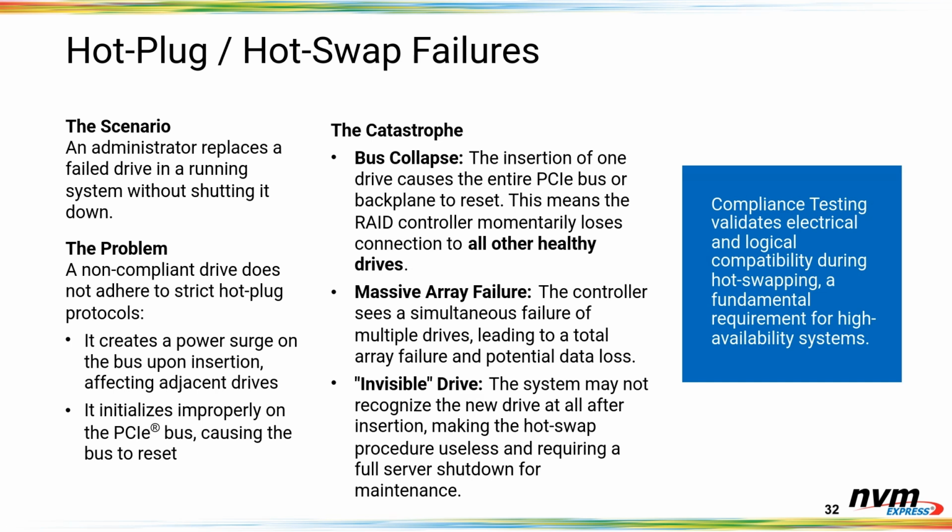The first type of problem is related to no predictive failures. In this case, the controller cannot predict an impending drive failure and begin migrating data proactively. A totally opposite situation is called premature drive failure. In this case, the controller may mark a perfectly healthy drive, which is absolutely fine, as failed based on false data and initiate a rebuild.